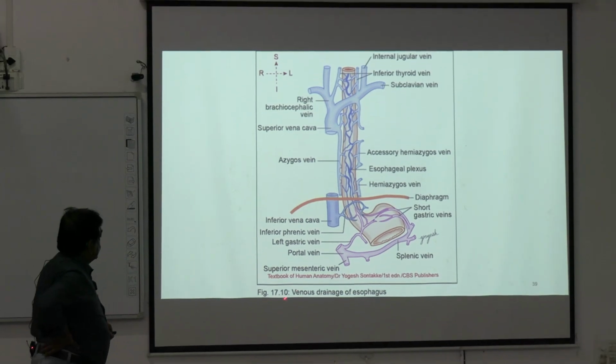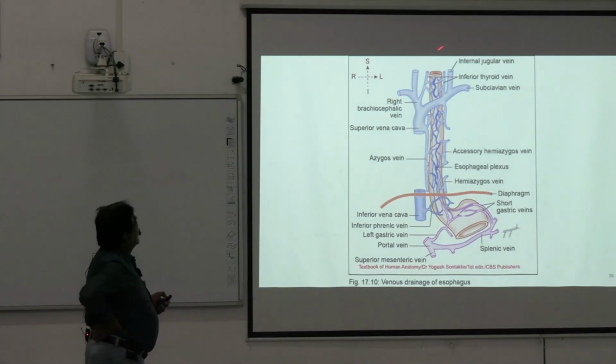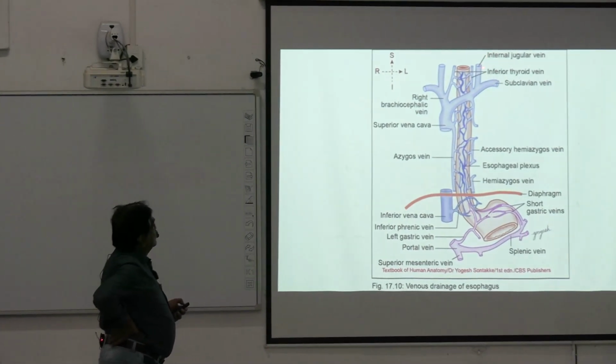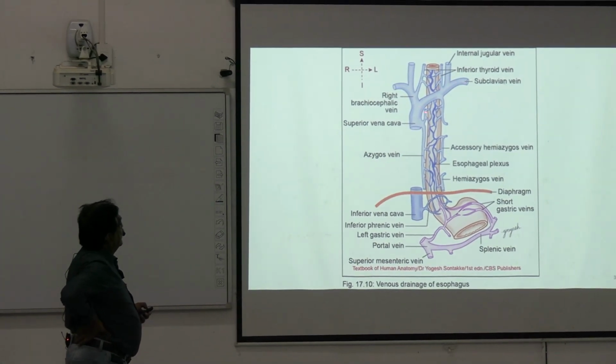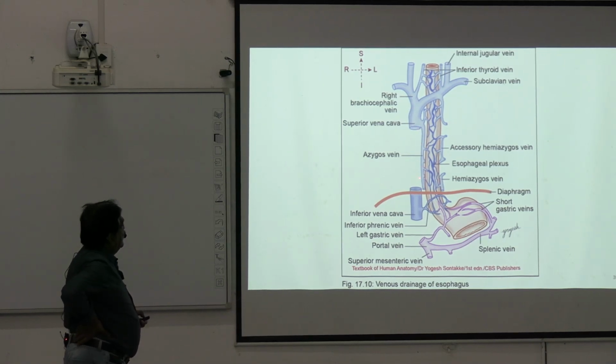Now, the venous drainage of the esophagus. You can see the internal jugular vein, this is the inferior thyroid, this is the subclavian vein, the right brachiocephalic vein, superior vena cava, azygos vein, and this is the diaphragm.